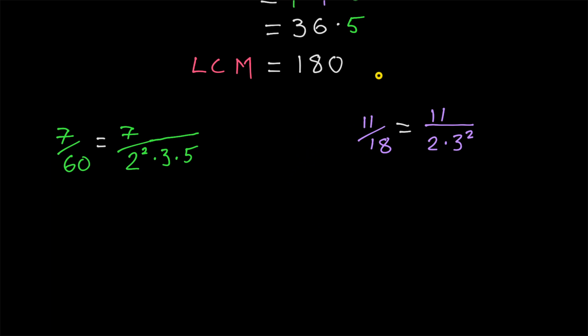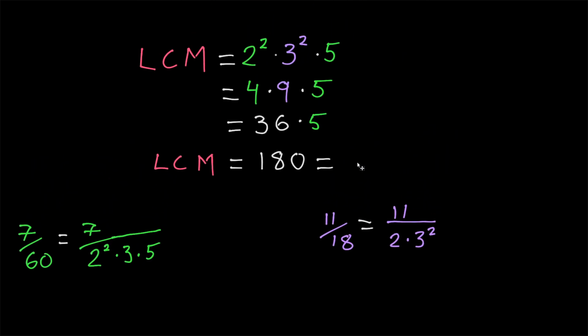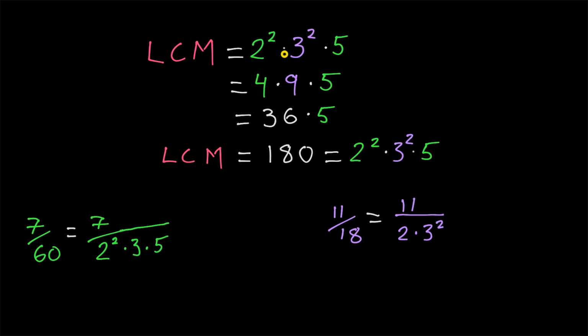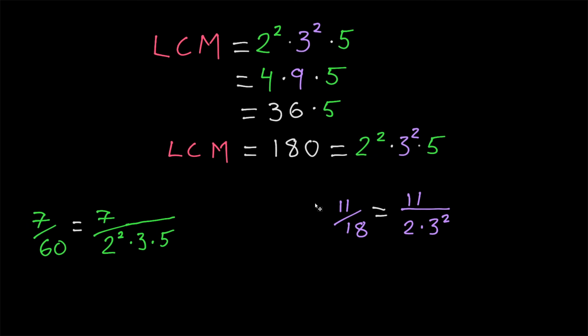And if you remember, our lowest common multiple here is equal to 2 squared times 3 squared times 5.